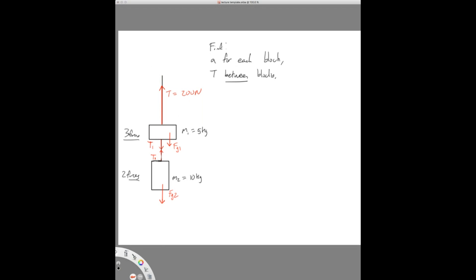But I don't want to just call them T because I already used T on the top. So I need different symbols for those. Okay, good. So now, once I've drawn the forces in, what's the next step according to what we said last time?